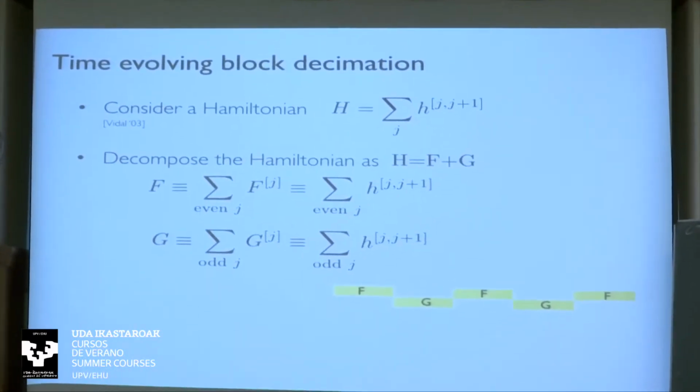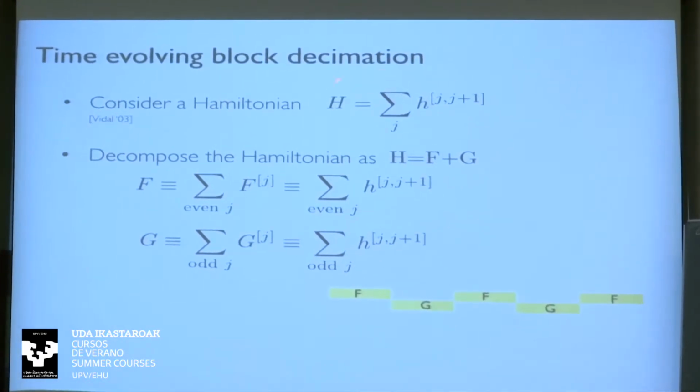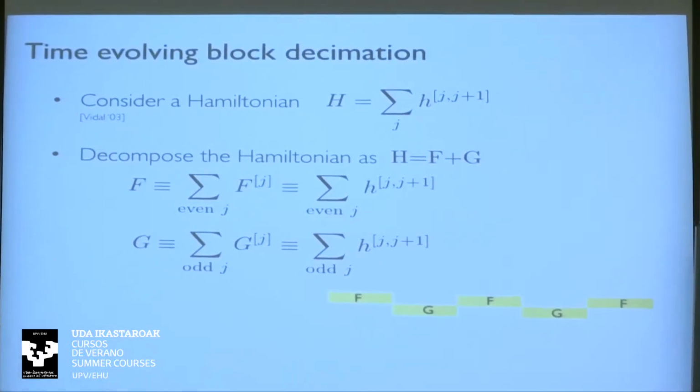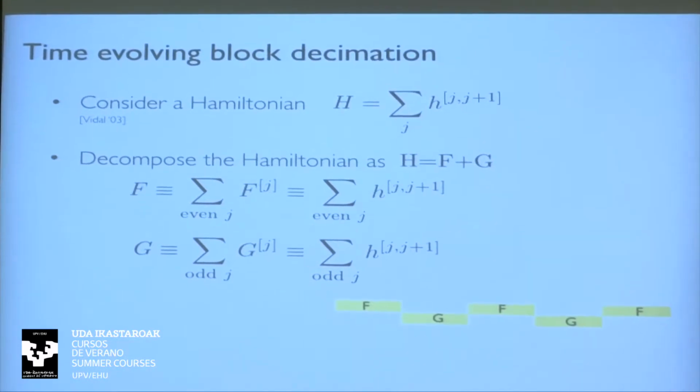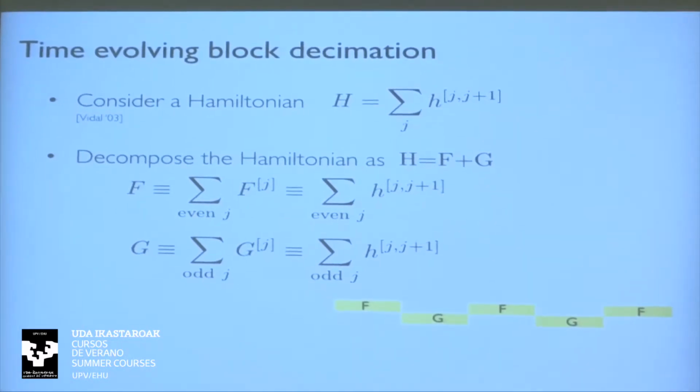So the first one is that since our Hamiltonian has this specific form, we can trotterize it, which means we can now split the terms into two parts. We can decompose the Hamiltonian H into some F plus G, where F are terms that act only on even bonds, right? So here we have the F terms, and we have the G terms.